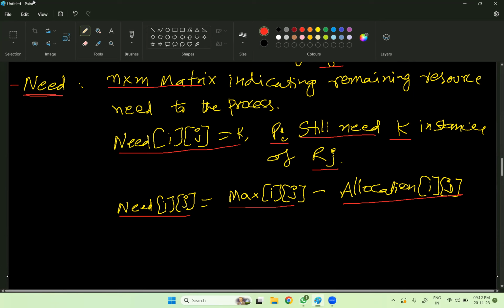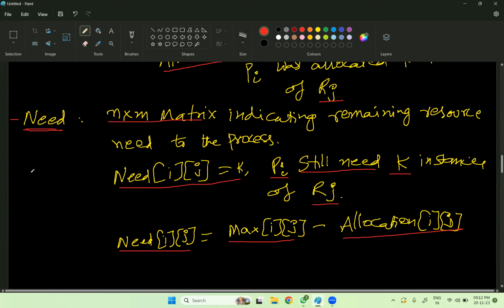So these are the 4 data structures which are needed. And within this particular need, you may talk something about claim edge. So that is why need will always be represented as claim. So claim edge comes into the picture at this place. Don't write anything; I am just giving you some information. Claim will always be taken in terms of need here.